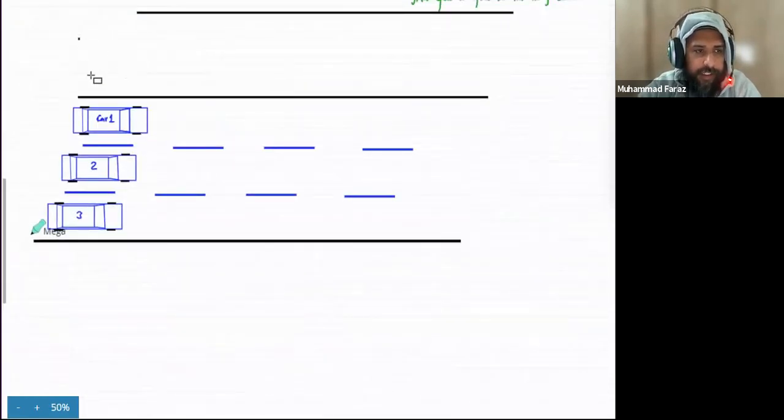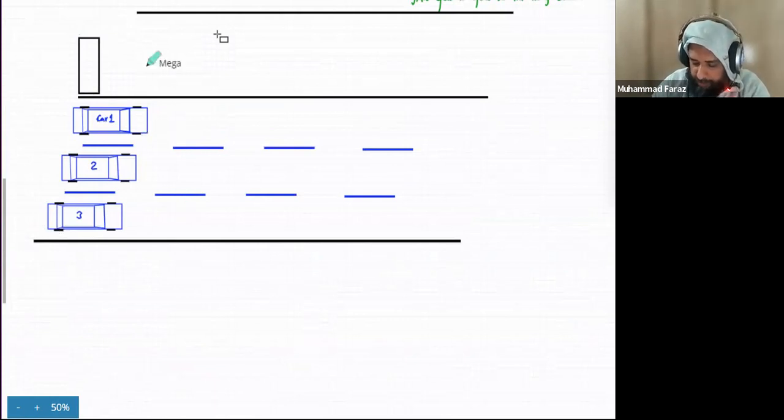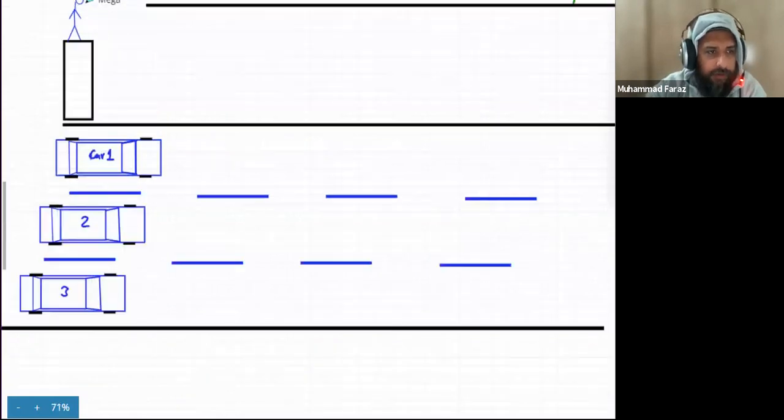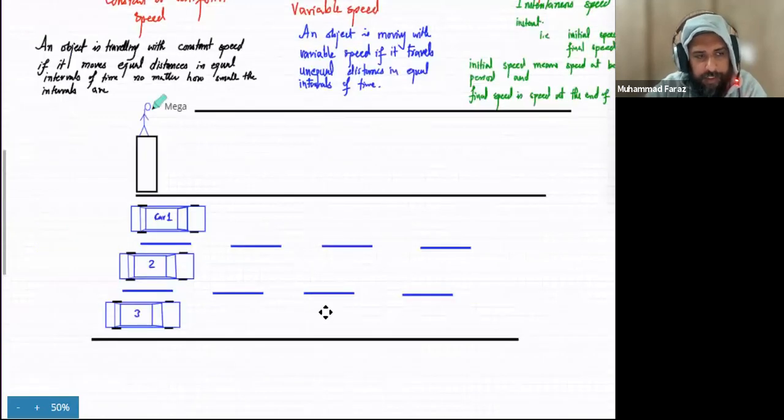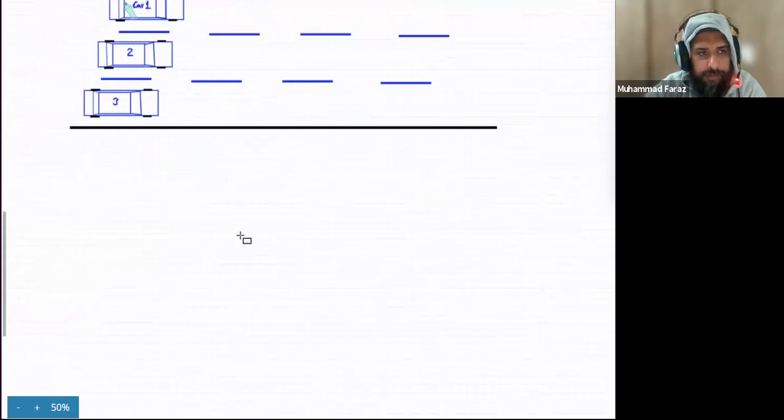This is a pole, and on the top of the pole there is a person standing who is observing the motion of these vehicles. This person is looking down on the vehicles, so he observes these vehicles moving and records their motion.